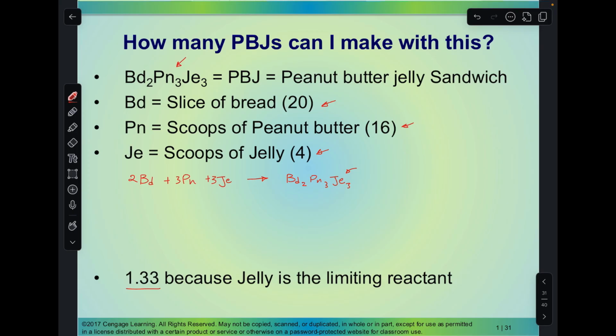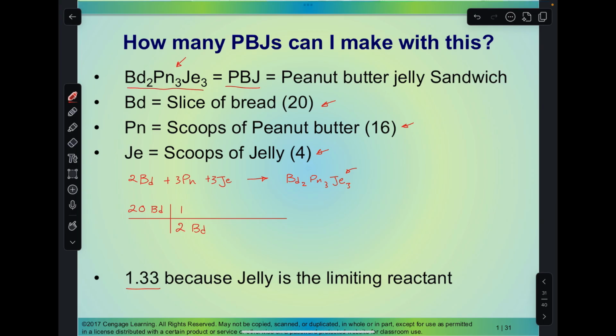So, to BD, we'll start with the number. And so remember that this is going to be like breads per sandwich. So that would be our conversion factor, but we're going to start with 20. So 20 BD. We know that we need 2 BDs for every 1 peanut butter jelly sandwich.